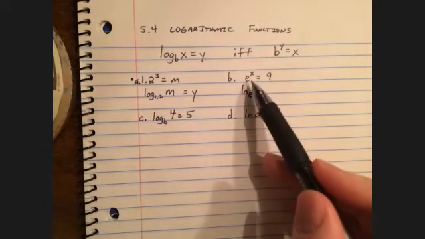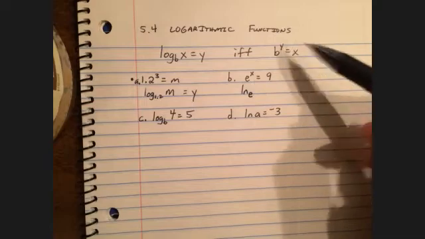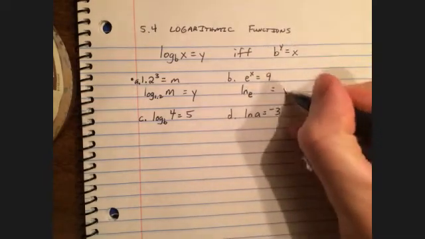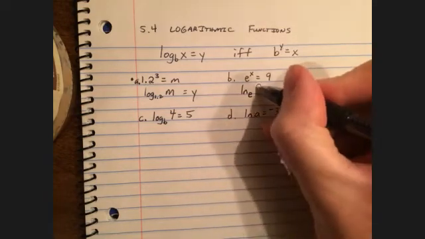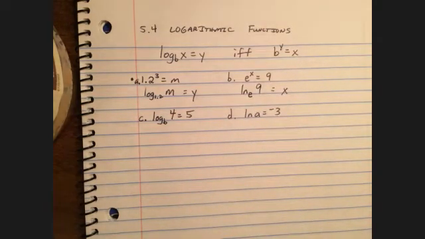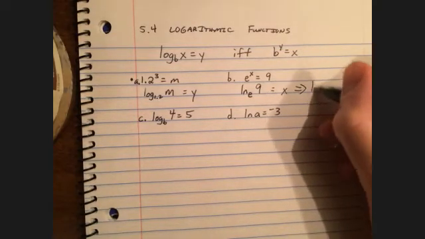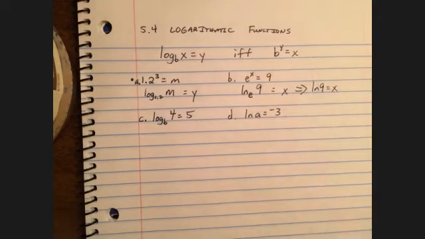The x that we're raising e to is the y spot up there, so it's going to be equal to x. And then our 9 is the leftover portion. So ln of 9 is equal to x. And just to make sure you understand, I could rewrite that as just ln of 9 is equal to x, because like I said before, e is understood to be the base of the natural logarithm.